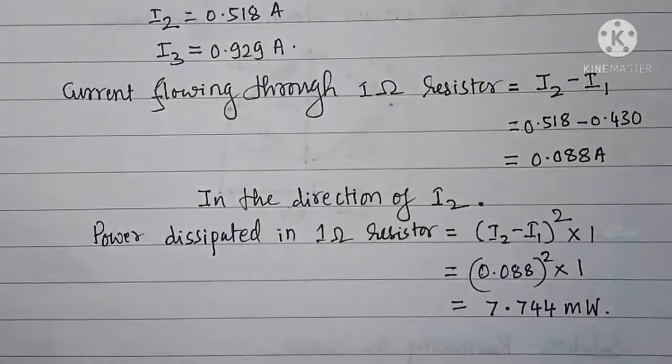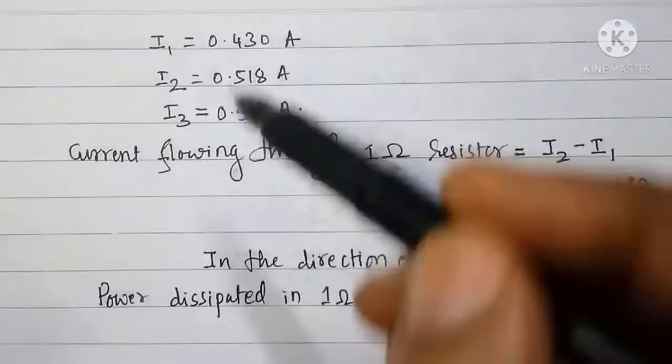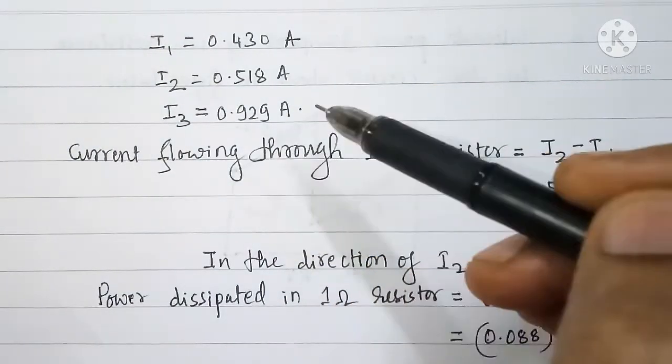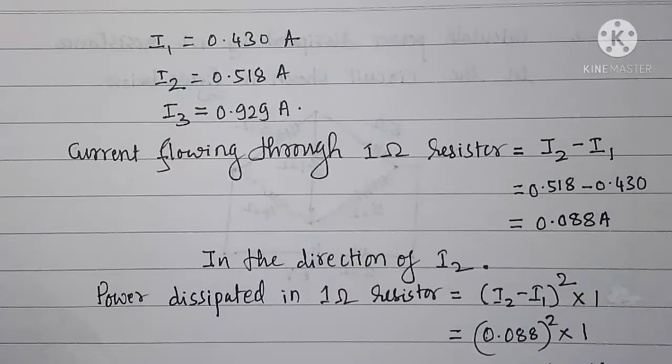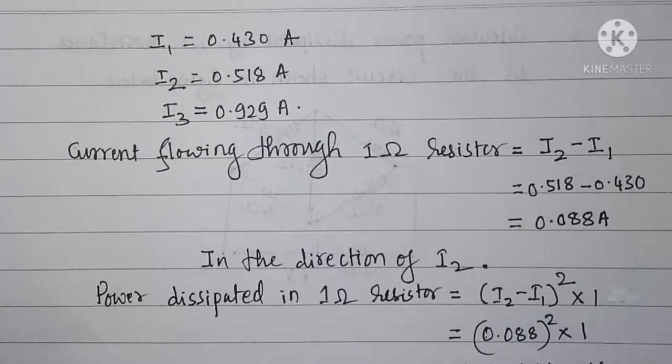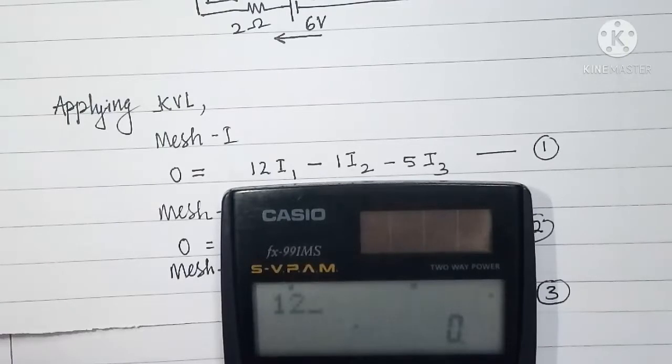To know the accuracy of our answers, we will substitute these three currents in any one of the equations and see what happens. I will take the first equation for substitution. 12 into 0.430 minus I2, I2 is 0.518, minus 5 into I3.